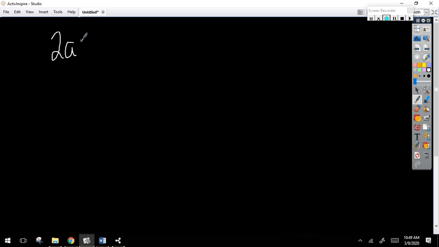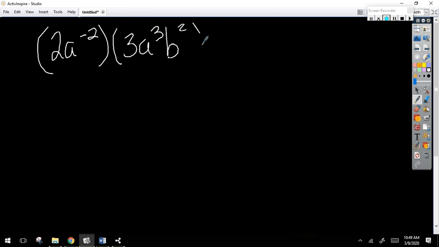So, for example, we'll start easy: 2a to the negative 2 times 3a cubed b squared times c to the negative 2. Oh, I know how to do this.